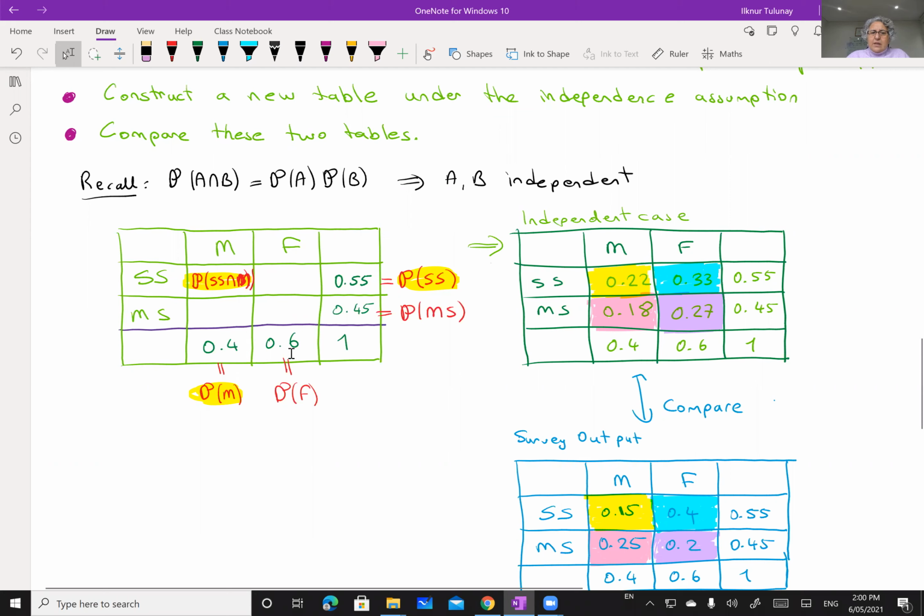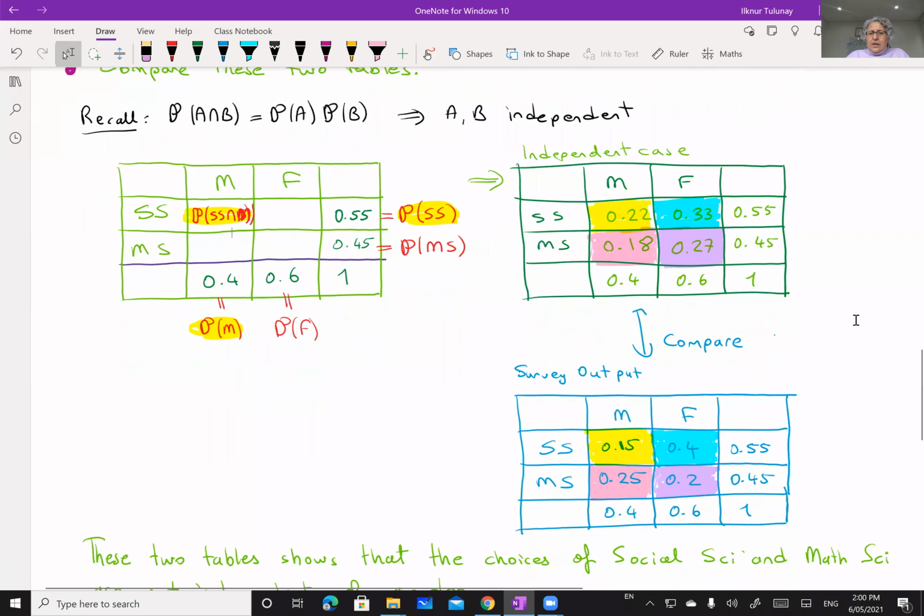This times this will give us 33%, and so on, right? This times this will give you 18%. This times this will give you 27%. So this is the table that we obtain under the assumption of independency. And this is the survey output that we have. So all we need is to compare these two tables. If the survey output consists of independent events, then we should have similar values in this area.